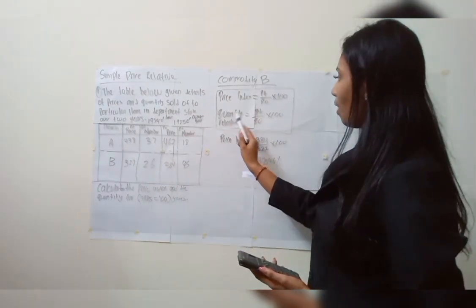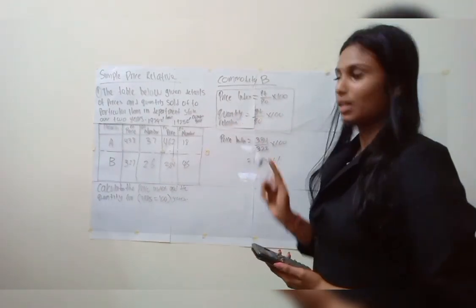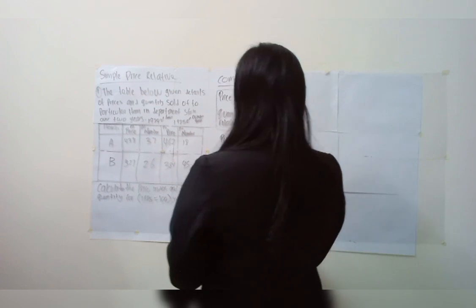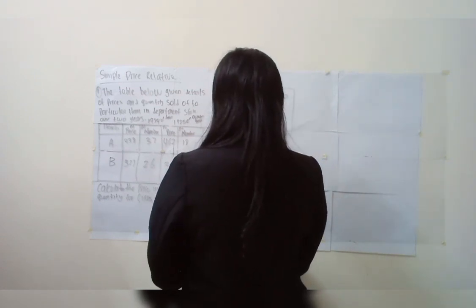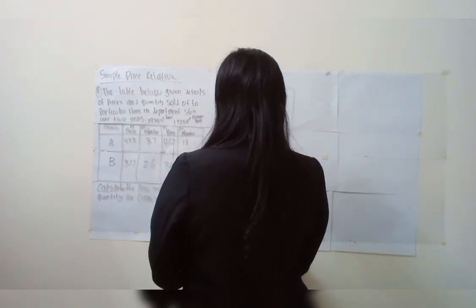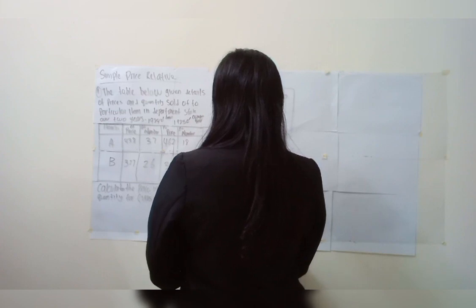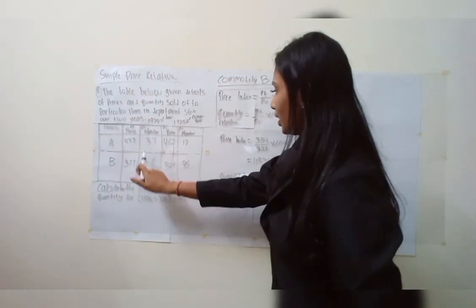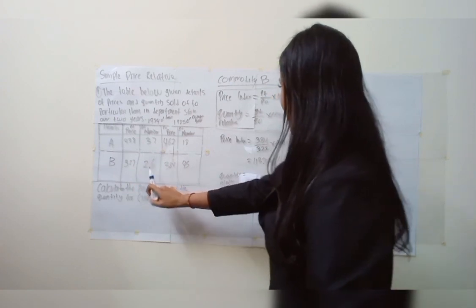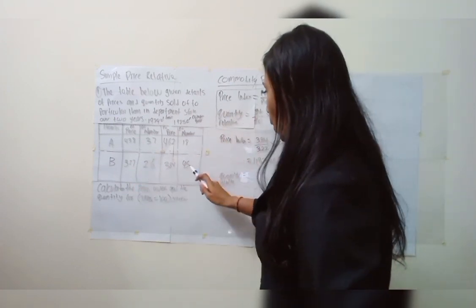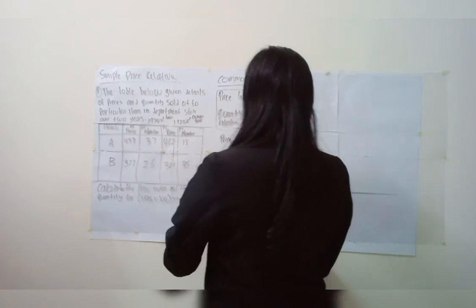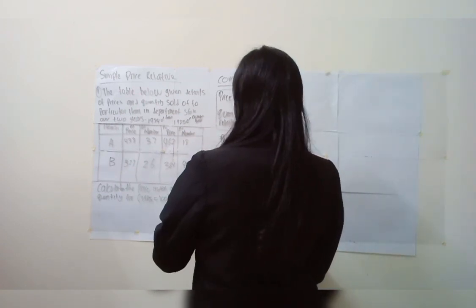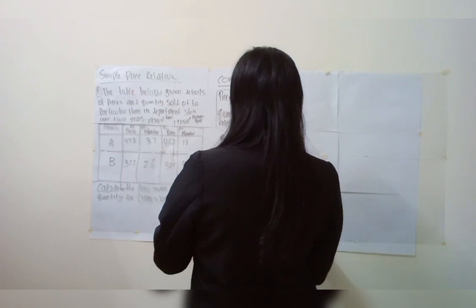Next, for quantity relative. QT is 26 and QO is 45. So 26 divided by 45 times 100.